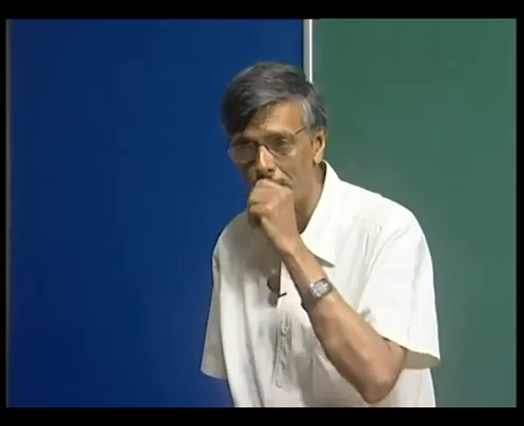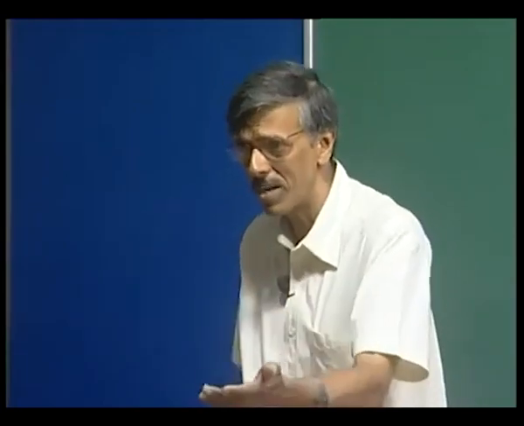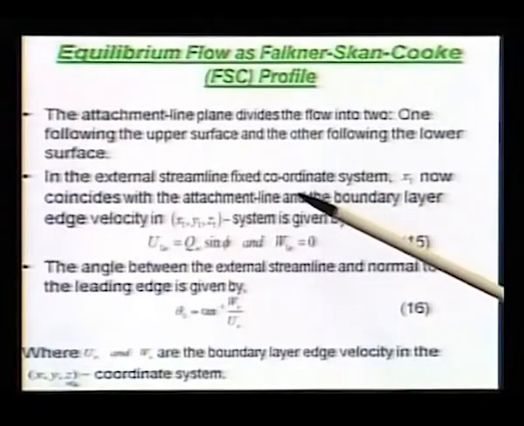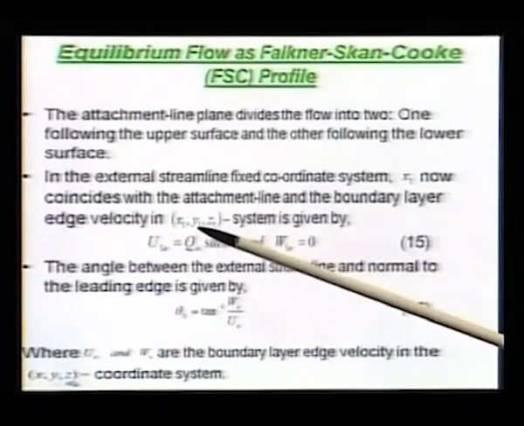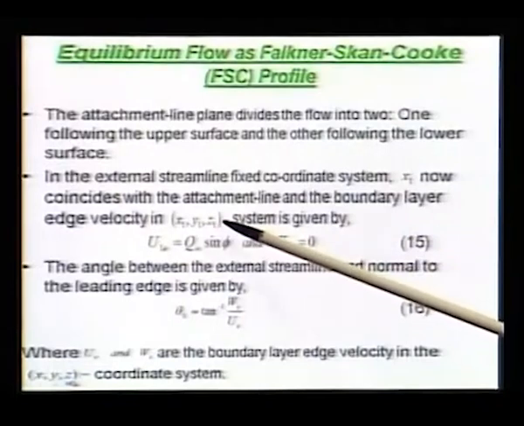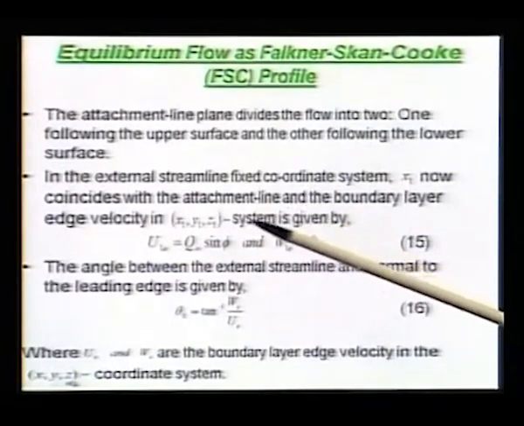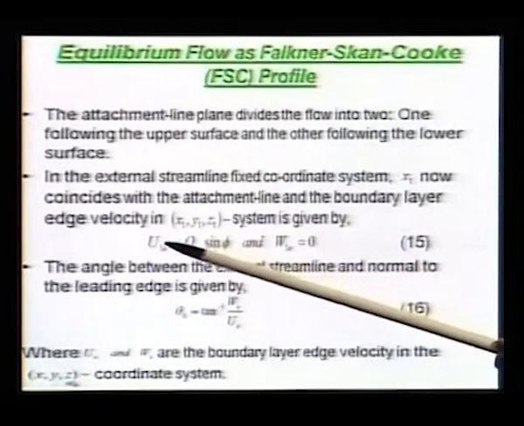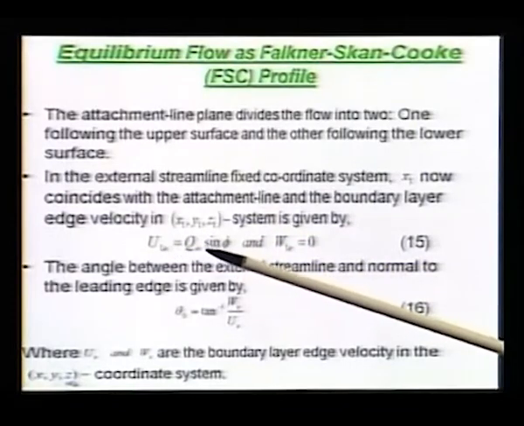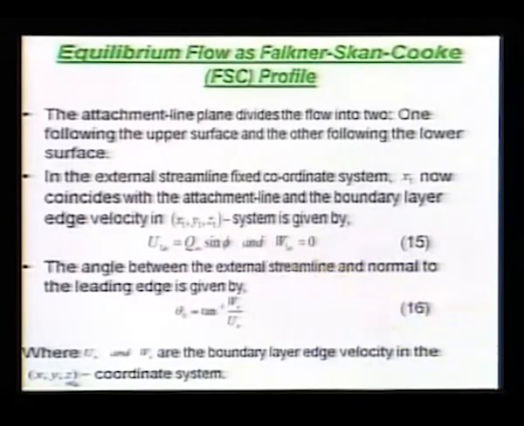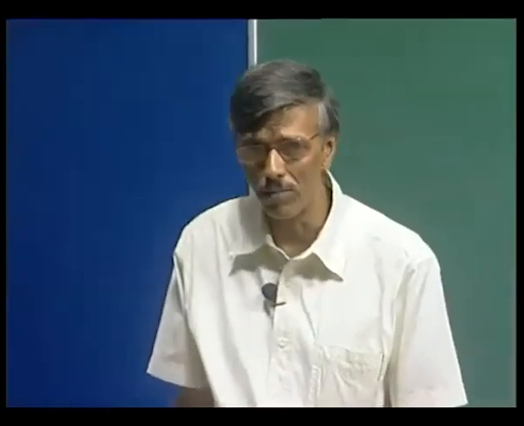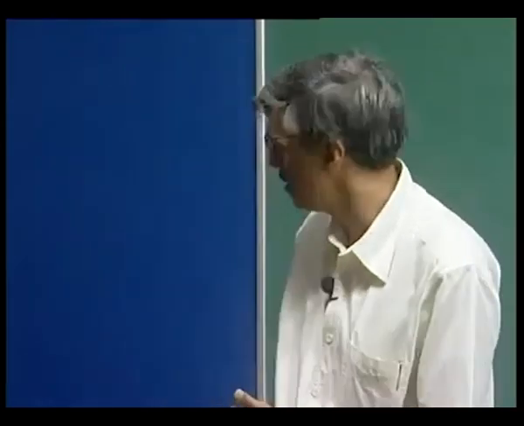That is what we discussed, that x1 and z are the same. And the boundary layer edge velocity in this external streamline coordinate system would be given by this: U1e should be equal to q infinity sin phi. What is phi? Phi is the sweep angle.